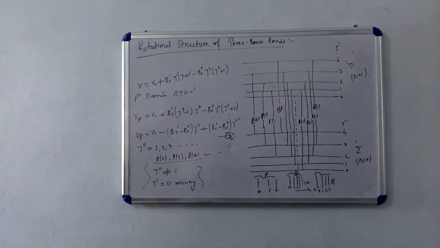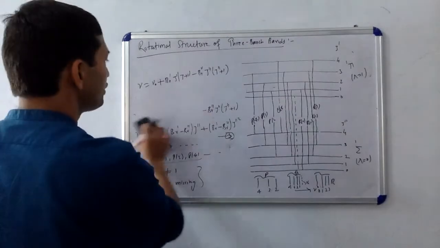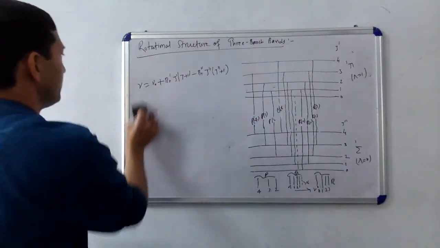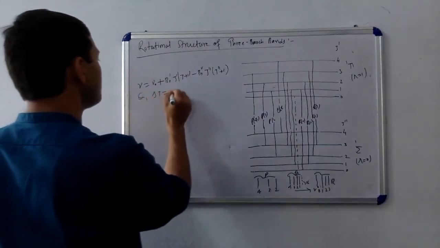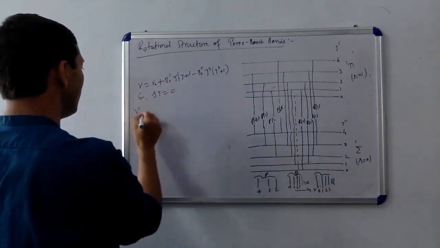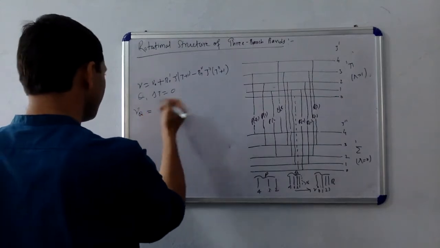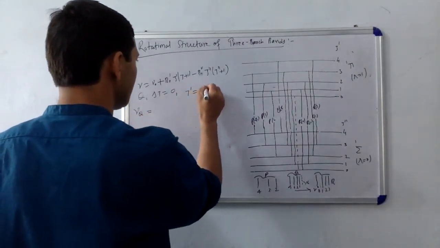Now the final one is the Q branch. In the Q branch, delta J is equal to 0, so nu of Q is equal to how much? You need to put J prime equal to J double prime.